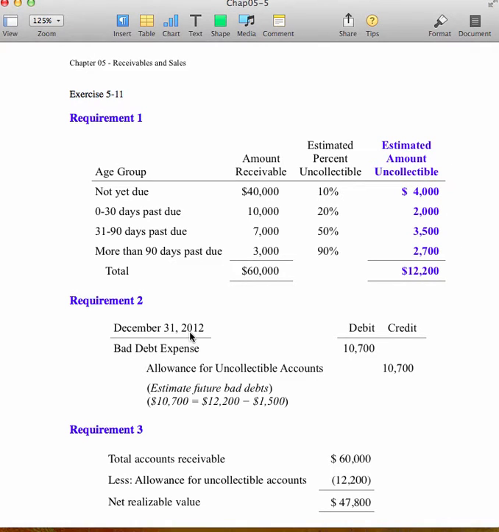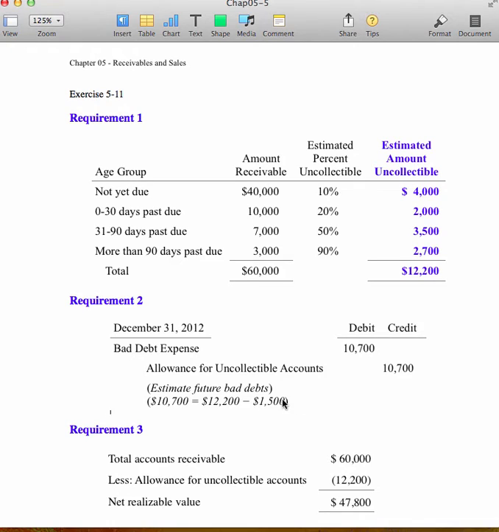When we make the adjusting entry, we're going to debit the bad debt expense and credit allowance for uncollectible accounts. Now the total estimated uncollectible for the following year is $12,200, but the allowance for uncollectible accounts already has a $1,500 balance in it.